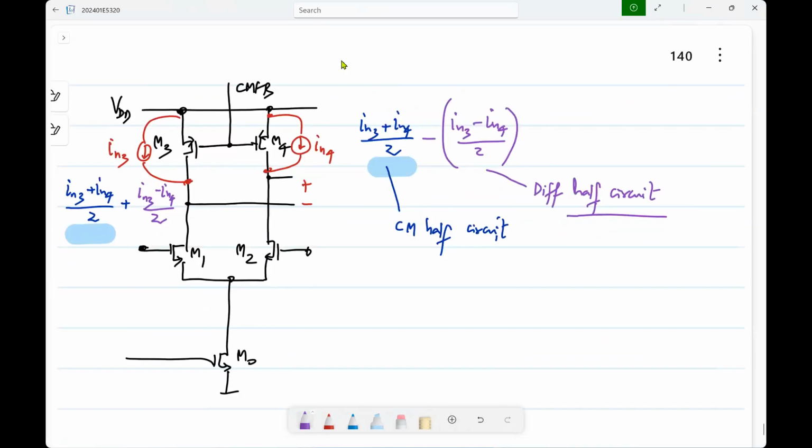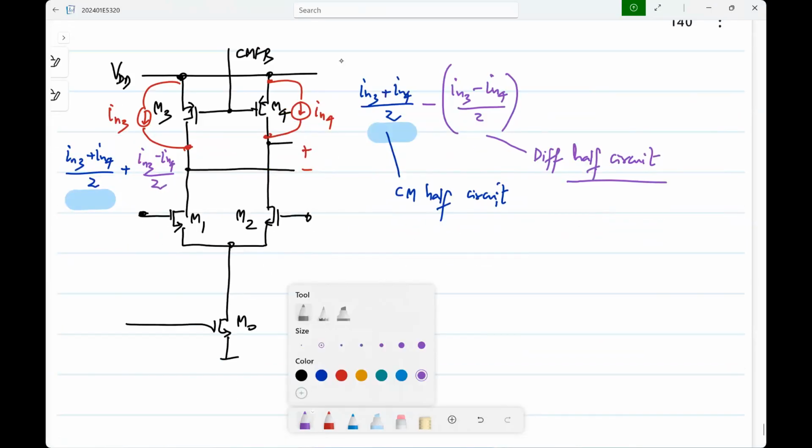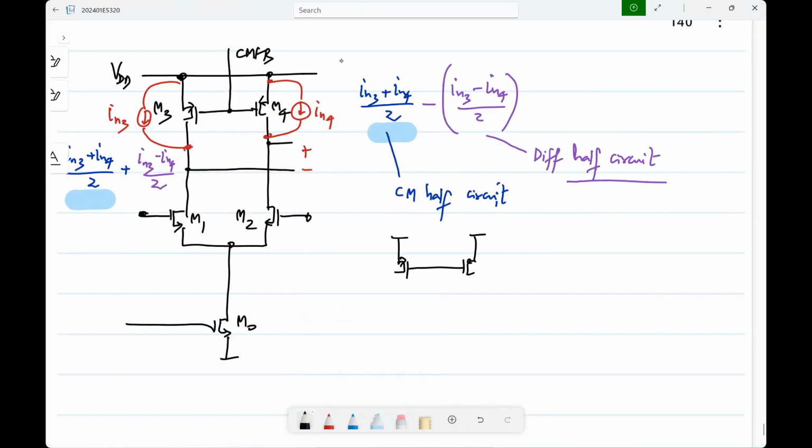So let me put down both halves of the differential circuit.